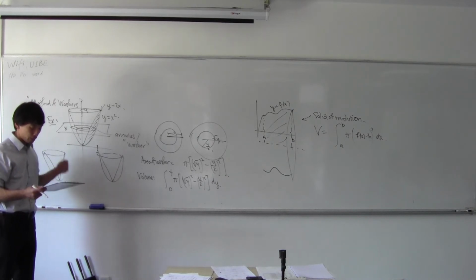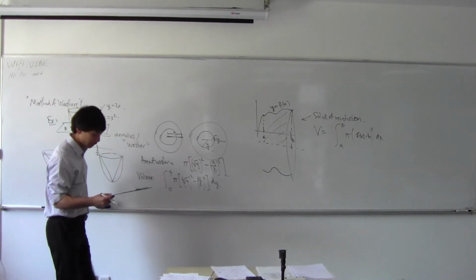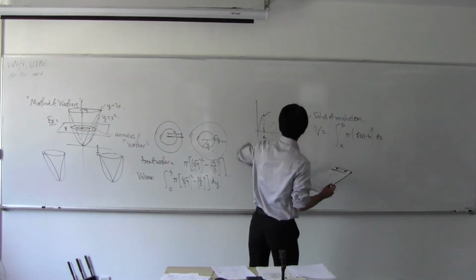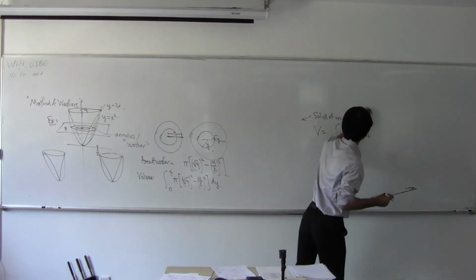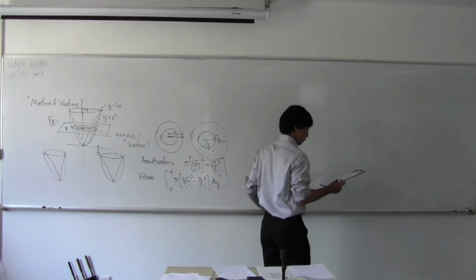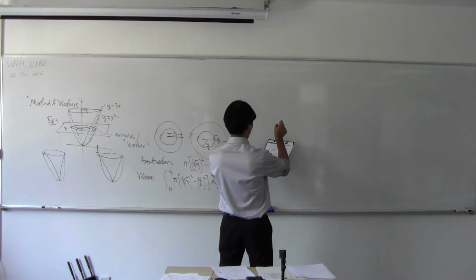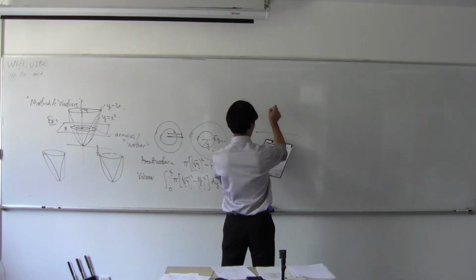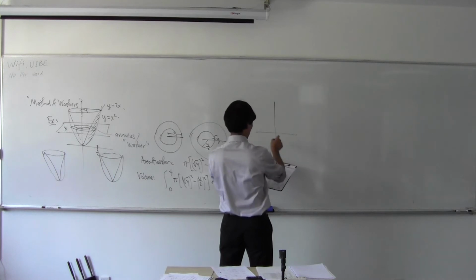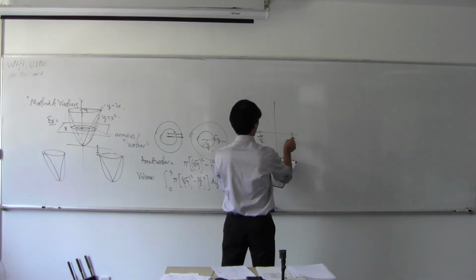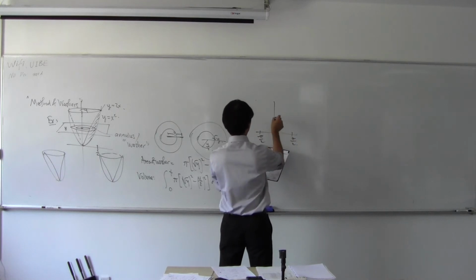Okay. So let me have you do one. So here it is. From negative pi over 2 to pi over 2, you have, and here is 1 here.